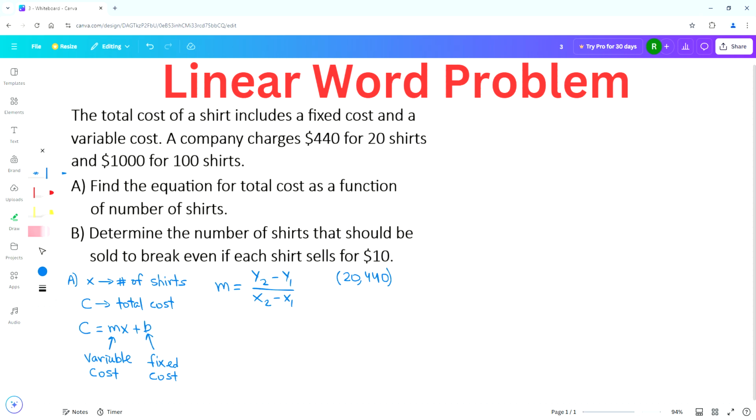And C represents the dependent variable, so that's the y value in the point. The second point is (100, 1000). We can label the first point as (x1, y1) and the second point as (x2, y2).